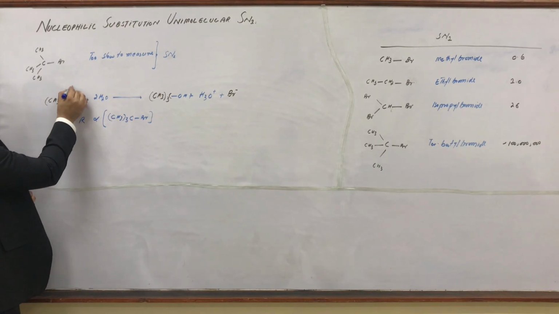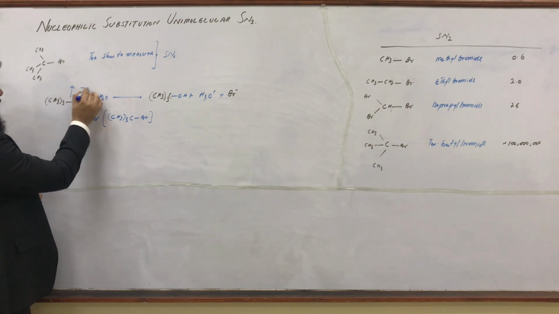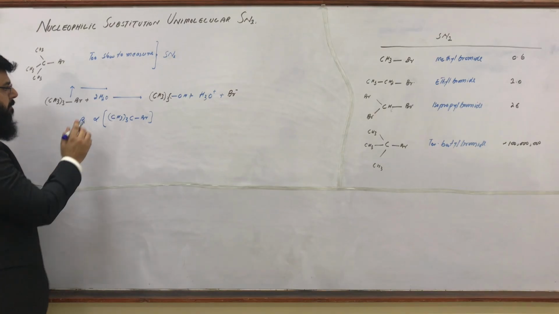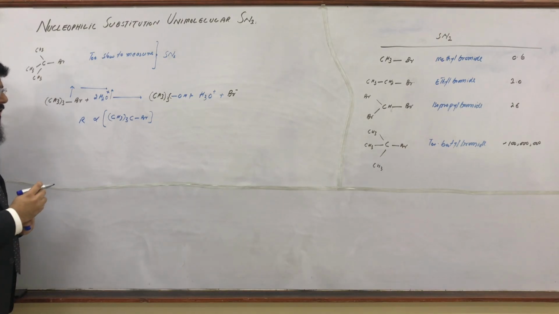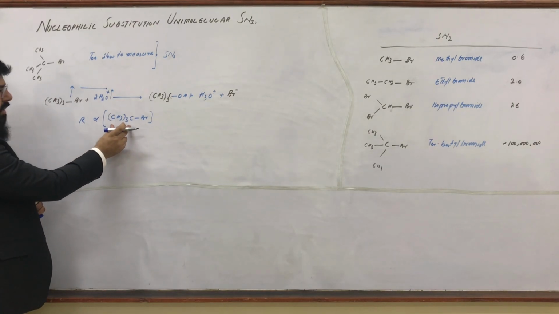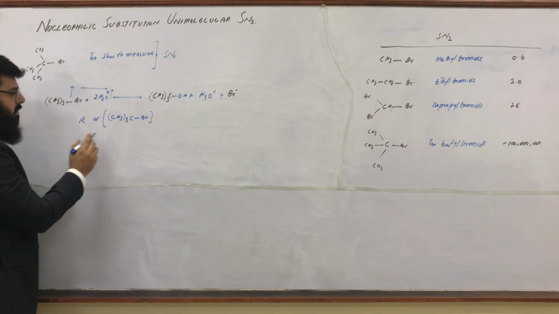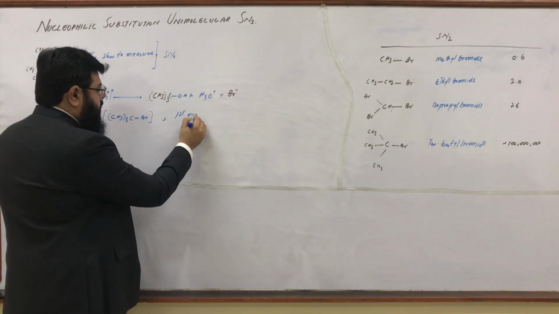If we increase the concentration of tertiary alkyl halide, the reaction goes forward faster, but if we increase the concentration of water, there is no change in the rate. So this reaction depends only on the concentration of tertiary alkyl halides. That's why these reactions are called first order reactions.